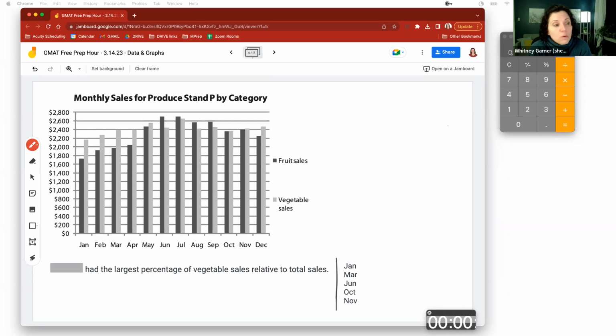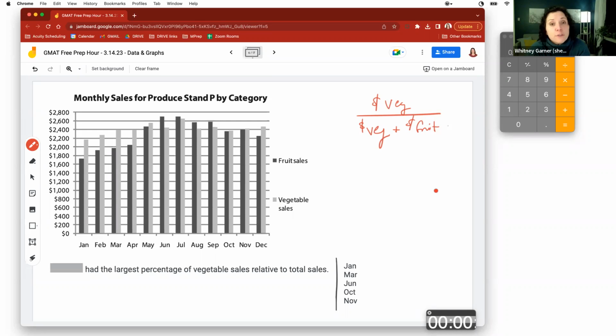Yeah. So if I was trying to figure out which month had the largest percentage of vegetable sales, I'd calculate the total amount of vegetable sales for every month, and then the total overall sales for every month. To get the percentage, it's the dollar amount of vegetable divided by the dollar amount of vegetable plus the dollar amount of fruit.